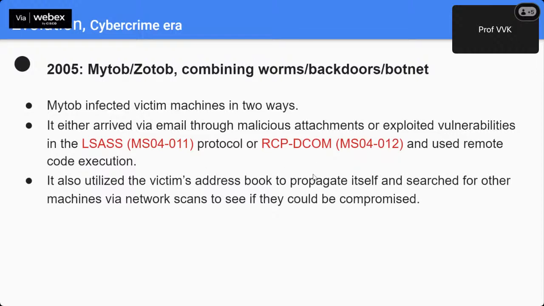For those of you who are interested, you can go to the NVD website, the National Vulnerability Database, and there you can see all the numbers for the vulnerabilities associated with any of the software and hardware.